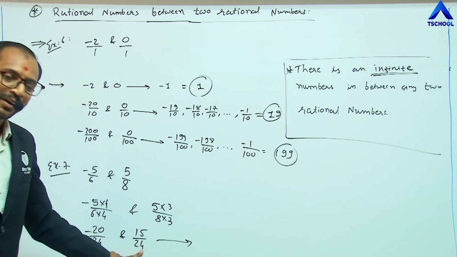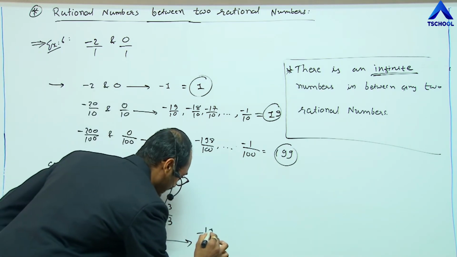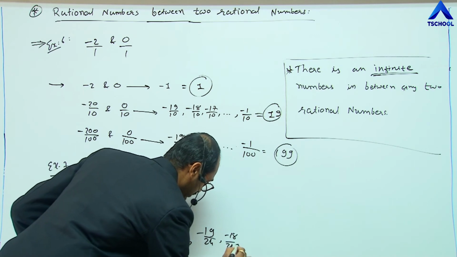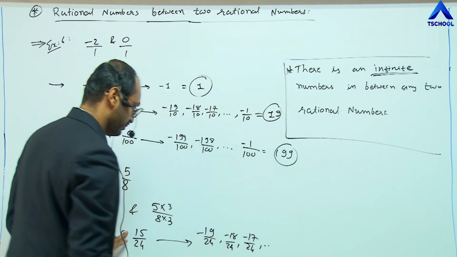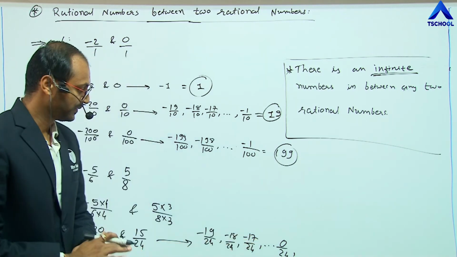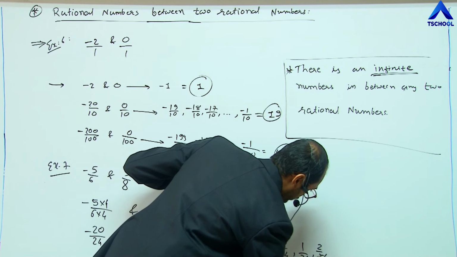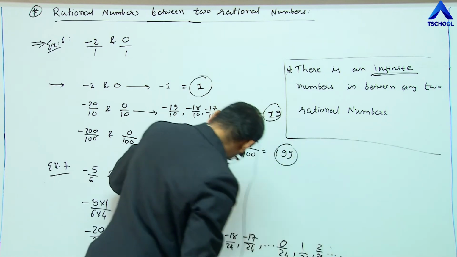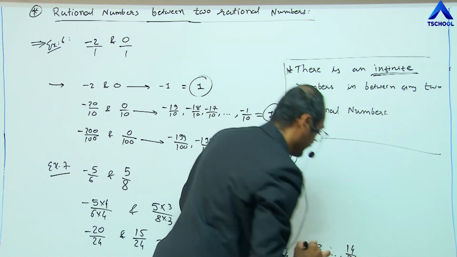See here the denominator is common, so you can write -19/24, -18/24, -17/24, up to 0/24, because 0/24 is a rational number, then 1/24, 2/24, up to the last number, 14/24.